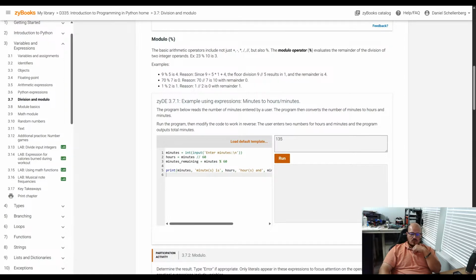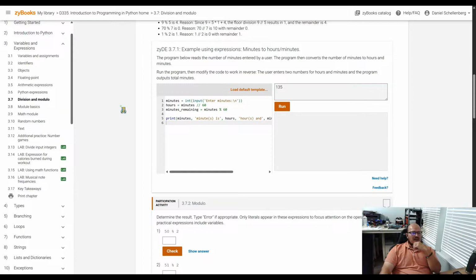So if I do 1 divided by 2, that's 0.5. So it rounded up is what it's doing. Right? Yeah.